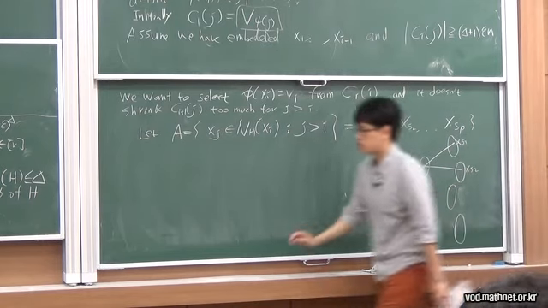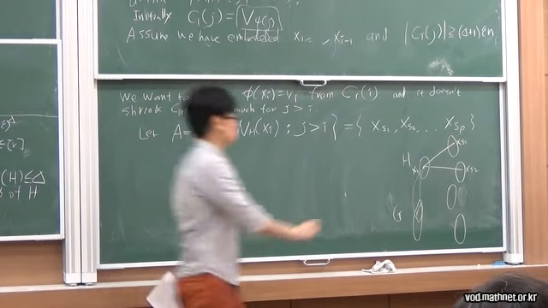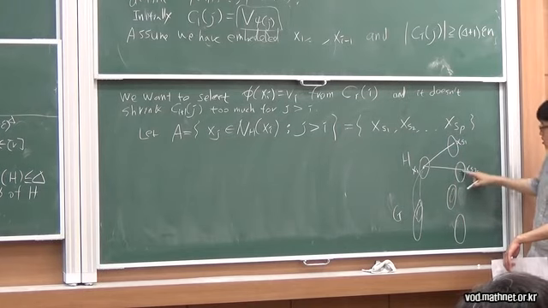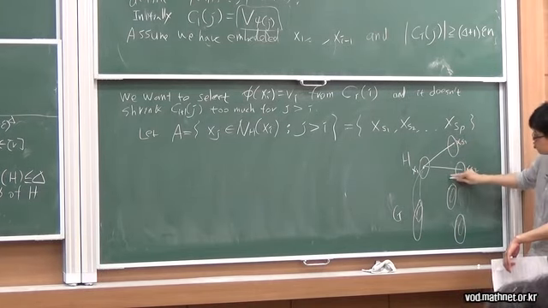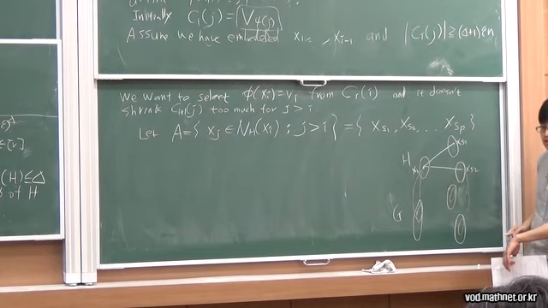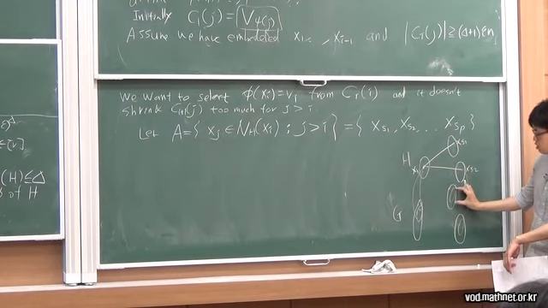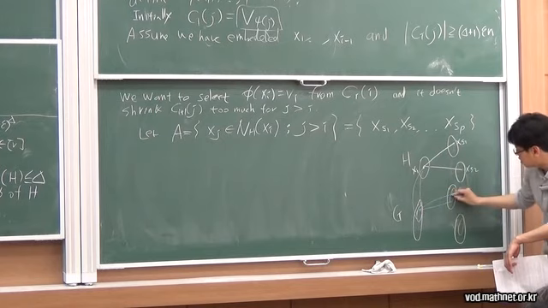Let me use another color. So currently, this has candidate here, and this has candidate here. So this should go to one of these later. This should go to one of these later. But for now, we are not embedding. We are only embedding this. When we embed this to here, this shrinks into this.